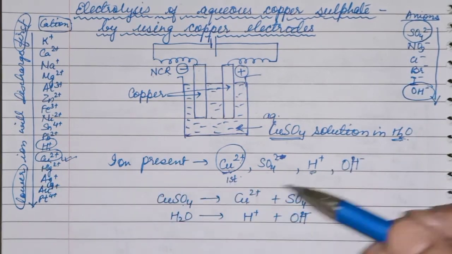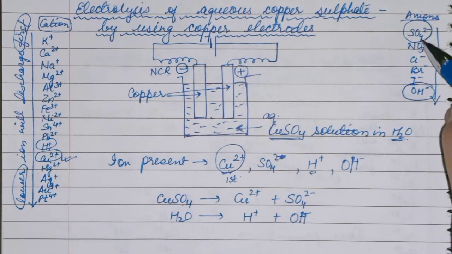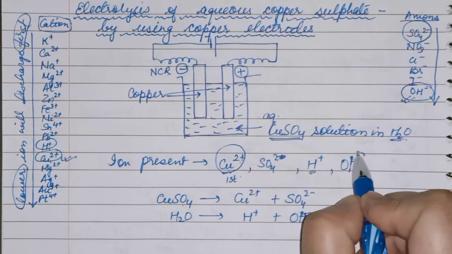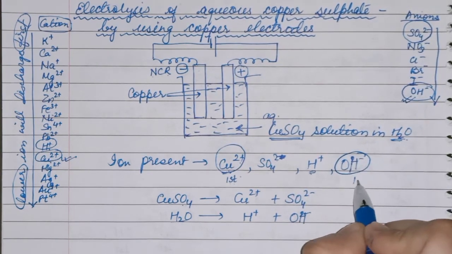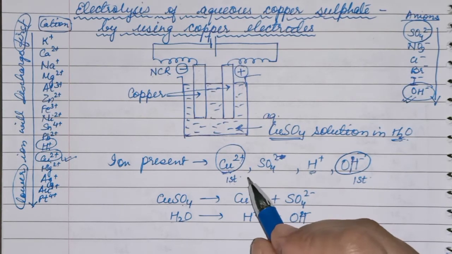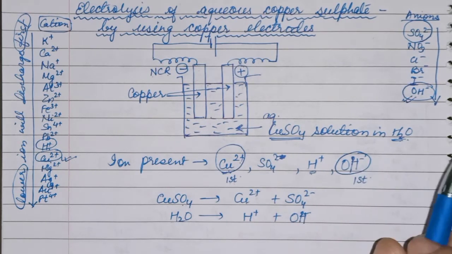Like in this series, the lower position will get discharged first. So between SO4 2- and OH-, which one is at the lower position? Obviously OH-. So OH- will get discharged first. So now what ions are we getting? Cu2+ and OH-.